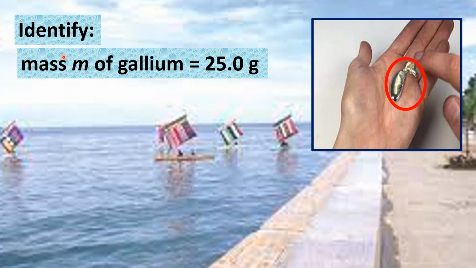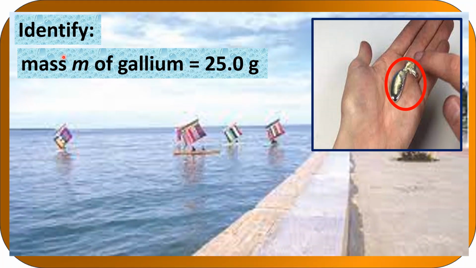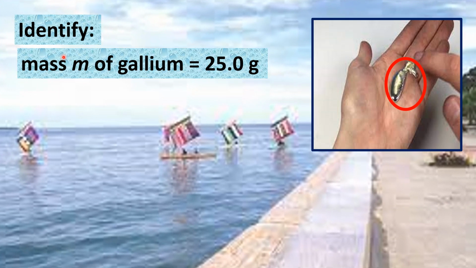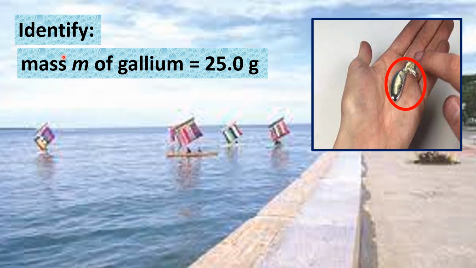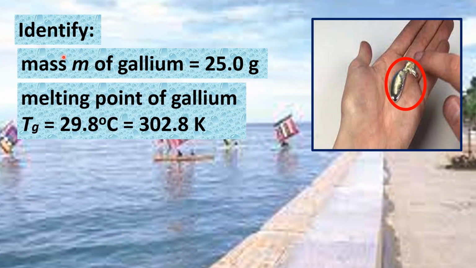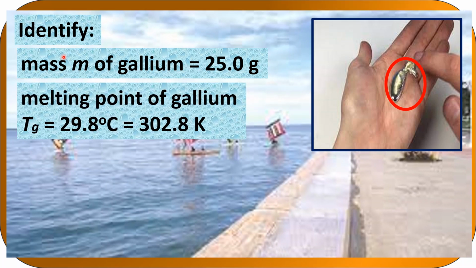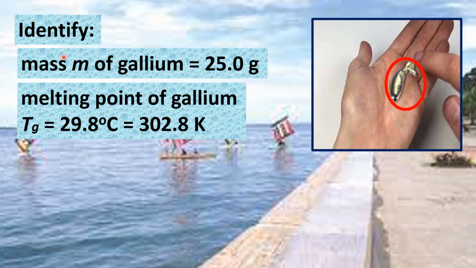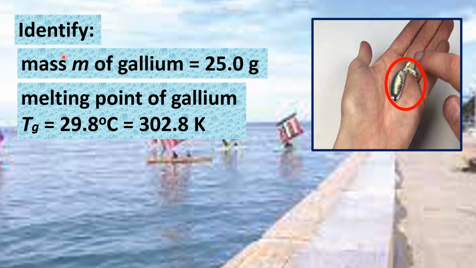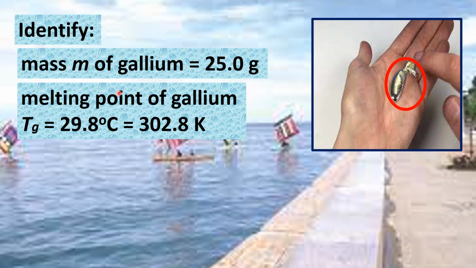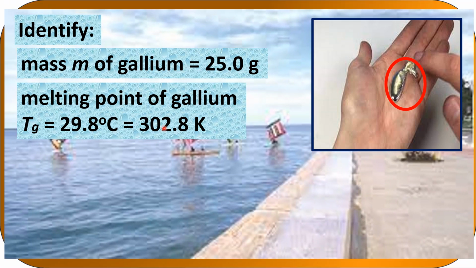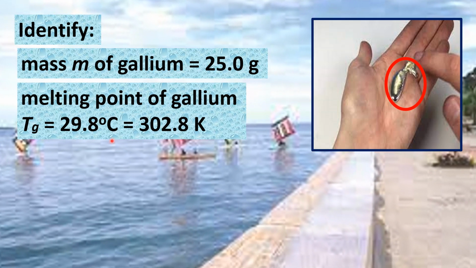First things first, let's look at the given data. We have the mass, small m, of the gallium metal equal to 25.0 grams. Its melting point, T sub G, equals 29.8 degrees Celsius or 302.8 Kelvin.